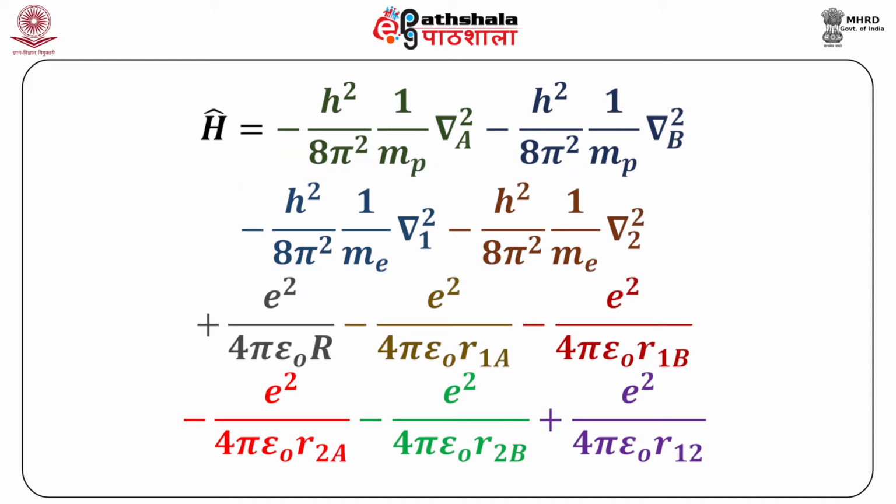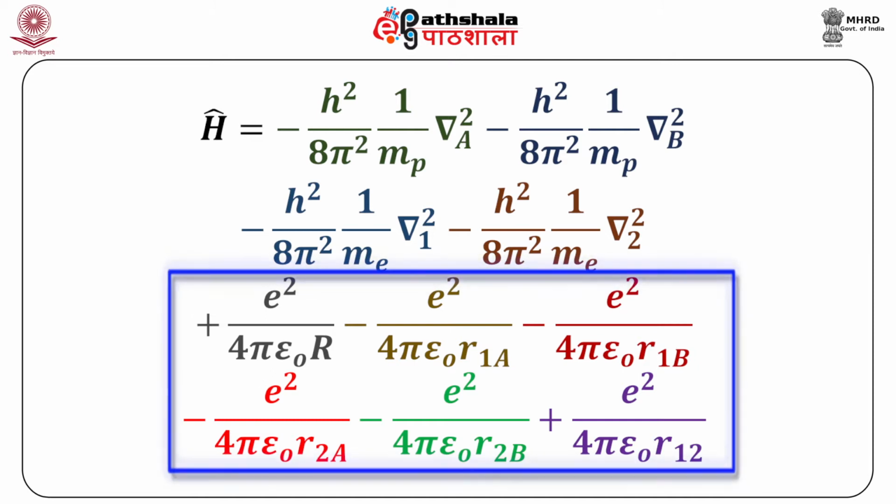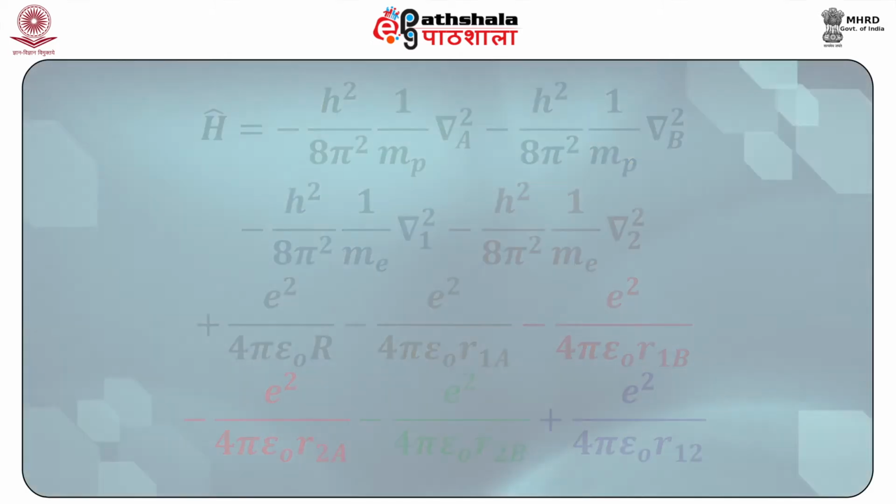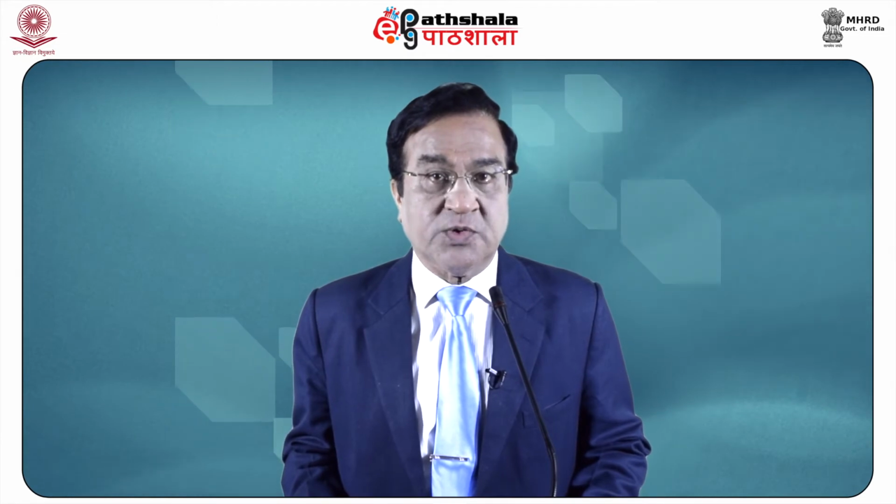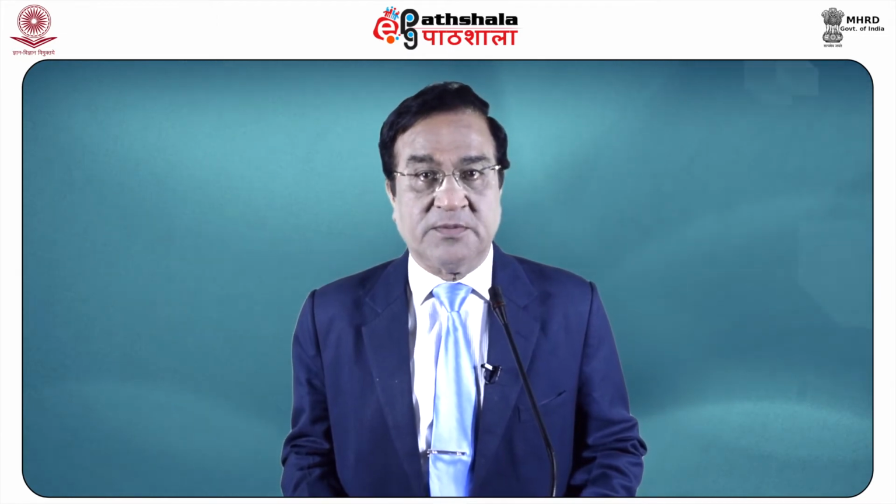And the remaining 6 terms represent the repulsion between the two nuclei, the repulsion between the two electrons, and the electrostatic attraction between the electrons and the nuclei. So in all, there are 10 terms in the Hamiltonian of the hydrogen molecule.